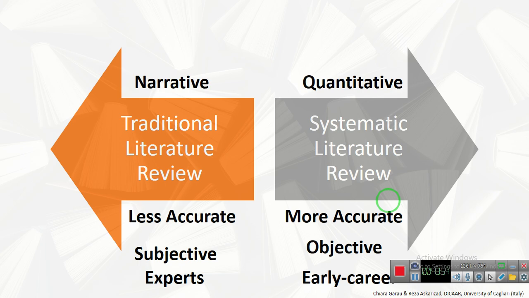So we have understood that we have different types of review papers and literature review. As you can see here, we have the traditional literature review, and in a more advanced step, we have a systematic literature review. Traditional literature review has a style of narrative.